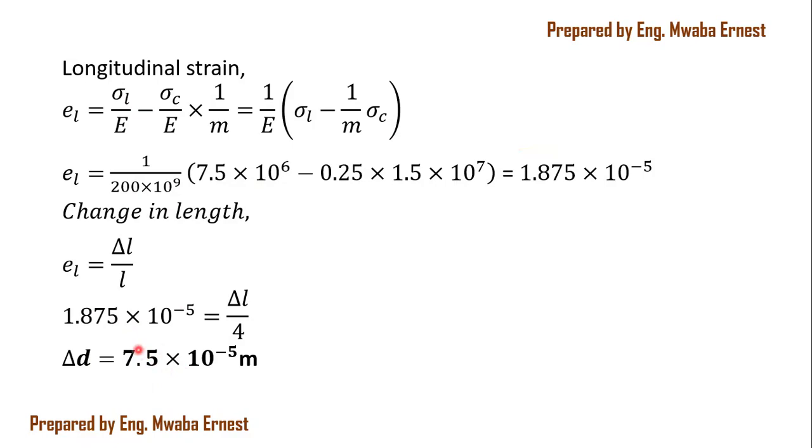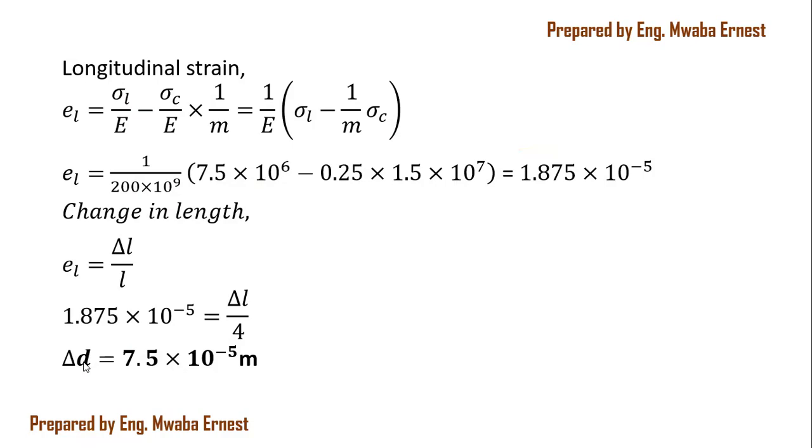When you multiply 1.875 by 4, you end up with 7.5 times 10 raised to power negative 5. The only thing is that there was a typo, which is very simple for us to fix.